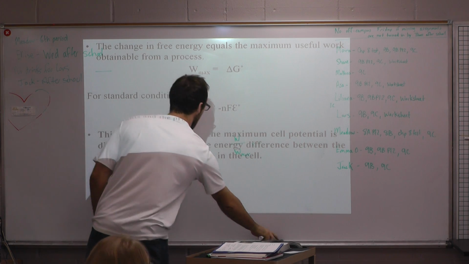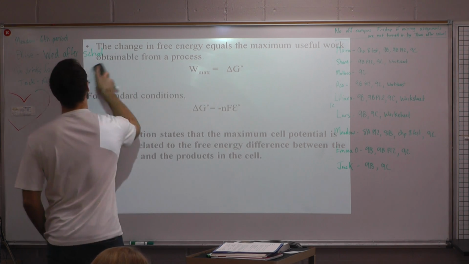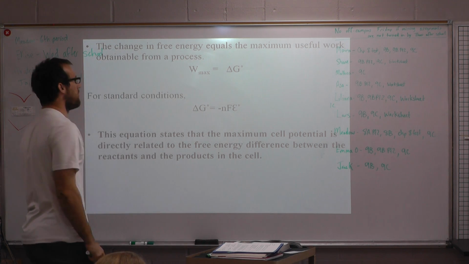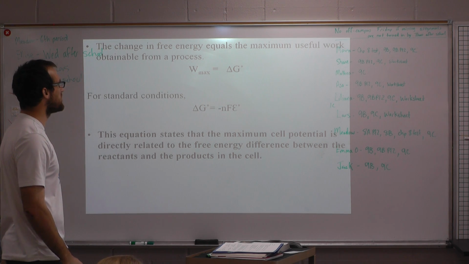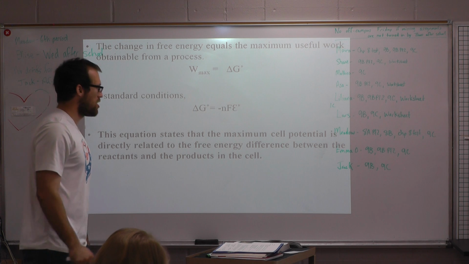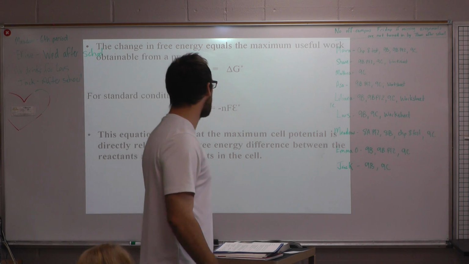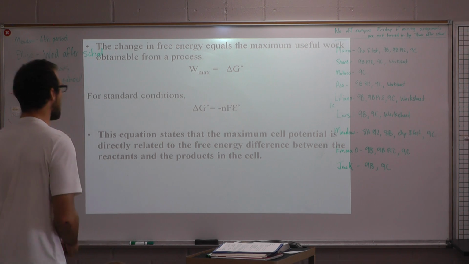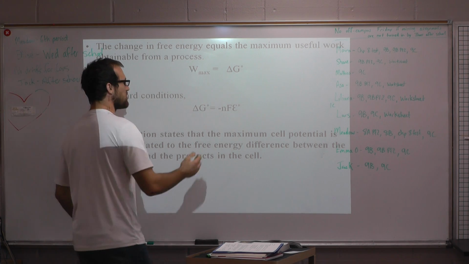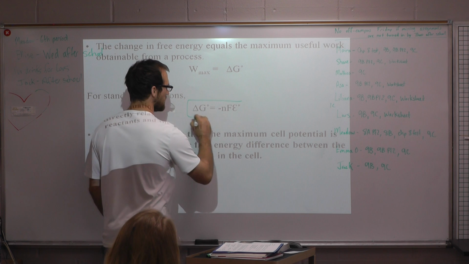Okay, well, there is a relationship between the potential of a cell and your change in G. Your change in G is equivalent to the maximum amount of work you're going to get. So if that's the case, with a few manipulations, we're going to get this.